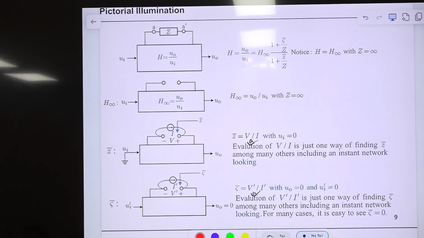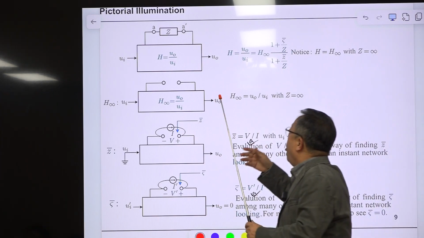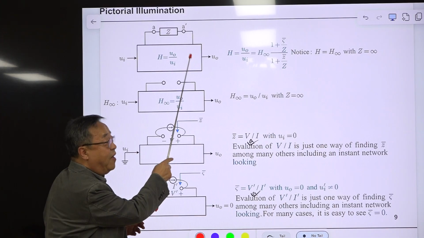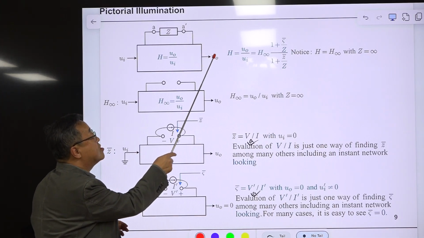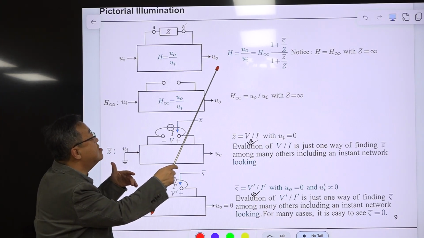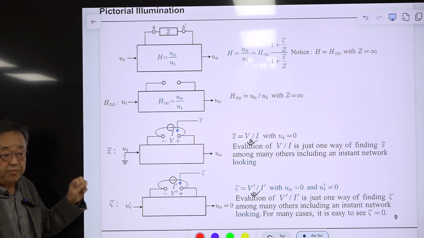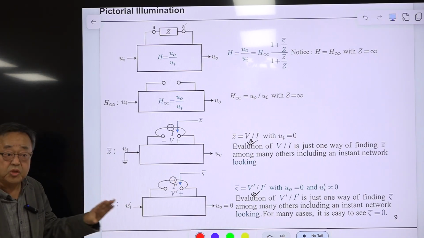The reason for that is when the output of your transfer function is the output voltage, then this output will be 0 for some cases. Then this driving point impedance or null driving point impedance will become 0.